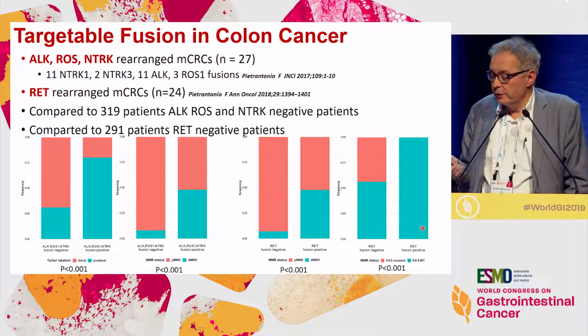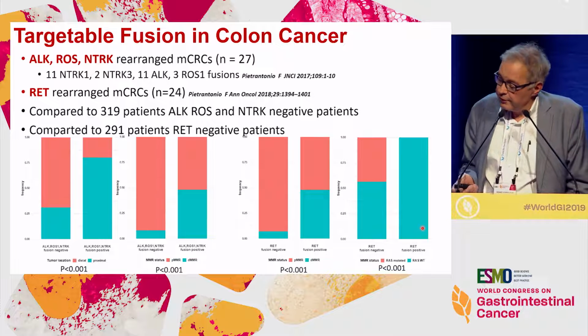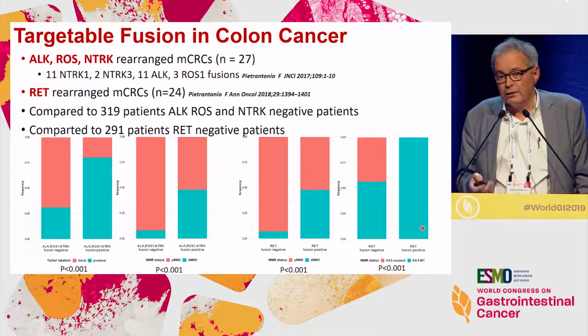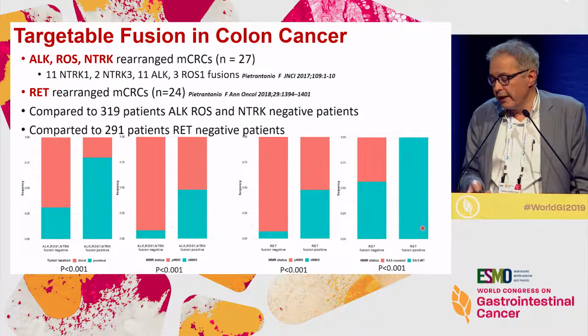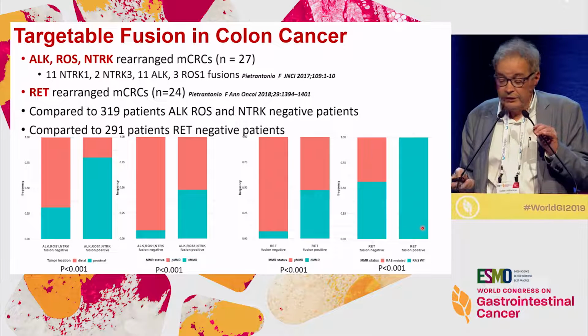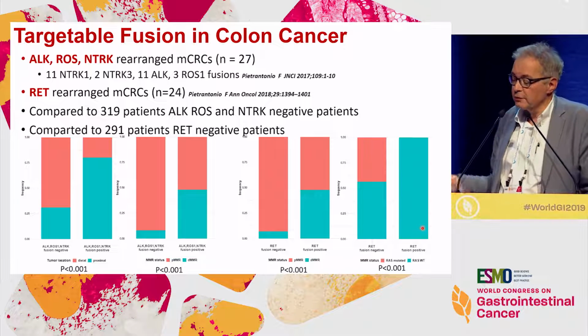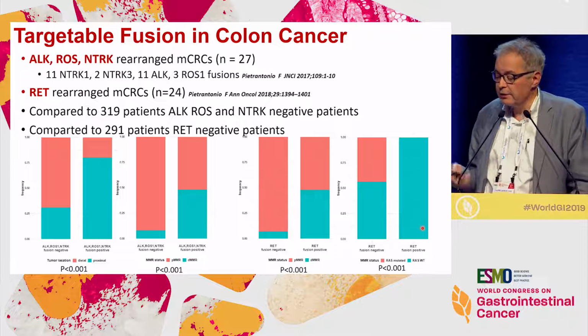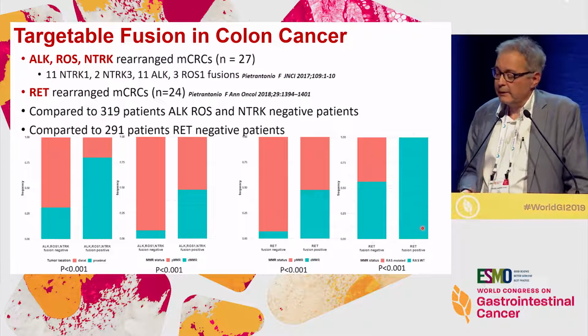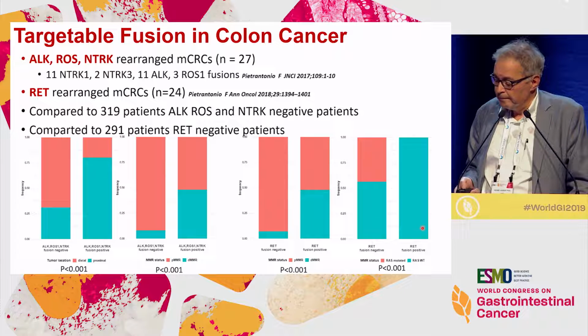You have also now colon cancer, and we'll finish the talk on colon cancer. There are some suspects, ALK, ROS, NTRK, for which fusions have been demonstrated in different tumor types, including colon cancer, as you can see here. And RET can also be implicated in fusions.